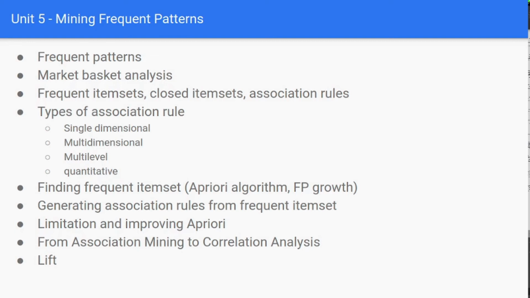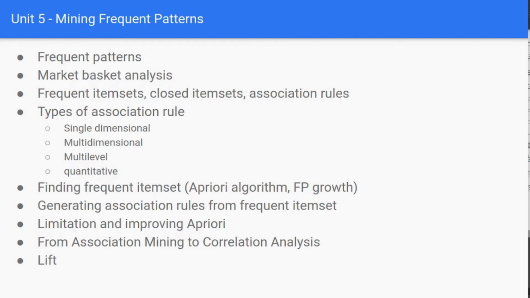So unit 5 deals with mining frequent patterns, market basket analysis. I think some of you have already read this in other CSIT courses. And then frequent item sets, closed item sets, association rules will come up. And then types of association rule: single dimensional, multi-dimensional, multi-level, and quantitative.